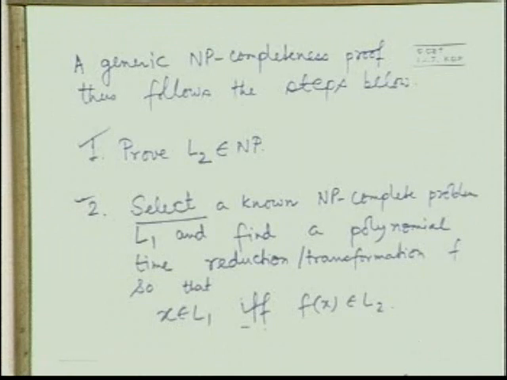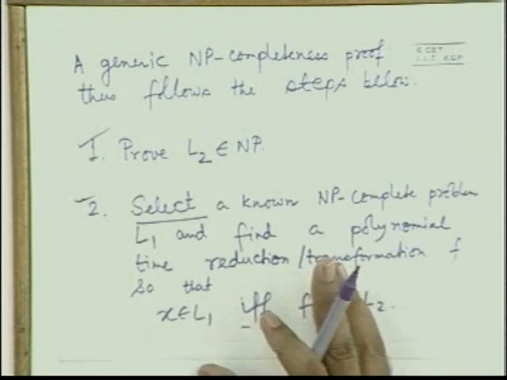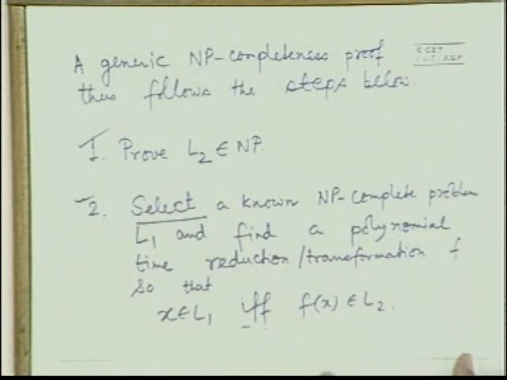And the reduction should be such, again this is not independent of the next step, that you can show that if x belongs to L1, then f(x) belongs to L2, and vice versa. All these three steps are very linked together. You cannot just take one first, then second, then the third.